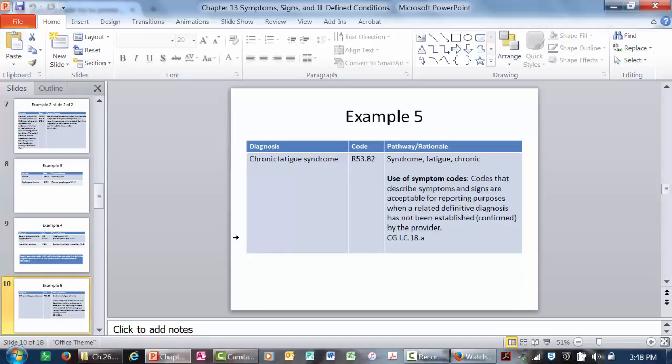Chronic fatigue syndrome I have here because it's such a, what would you say, a non-definitive diagnosis. Typically a syndrome by definition is several different things that are going on at the same time, and they're grouped together, and the doctors have decided that they're a syndrome.